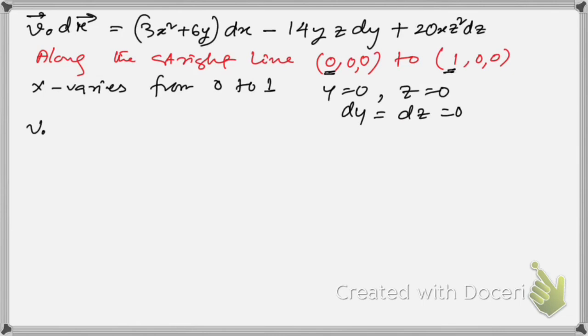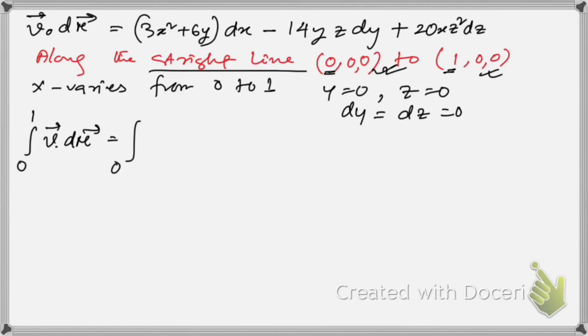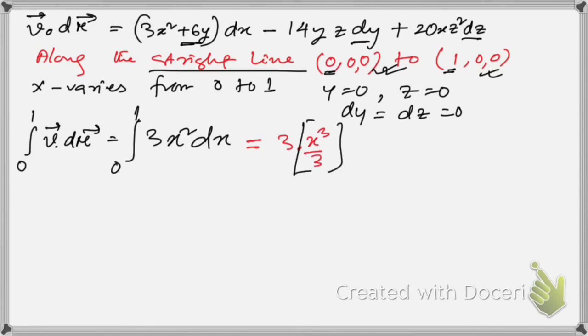Putting these values in, the integral of V dot dr along this straight line from 0 to 1 becomes, with y equal to 0, dy equal to 0 and dz equal to 0, only the integral from 0 to 1 of 3x² dx. Integrating x² gives x³/3, from 0 to 1.